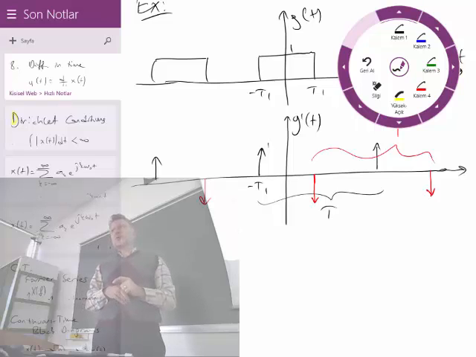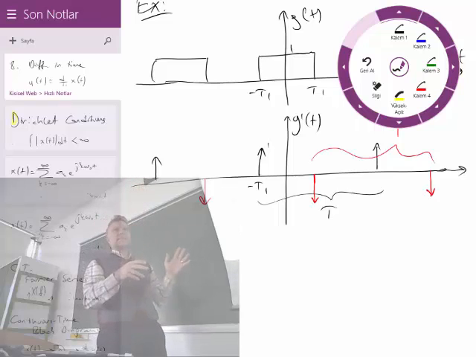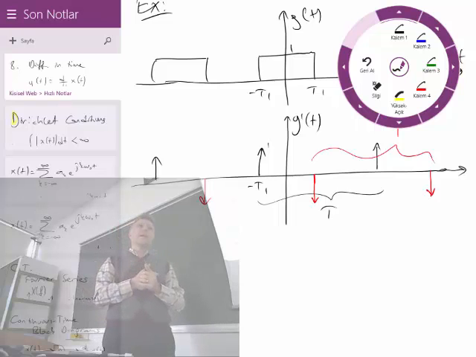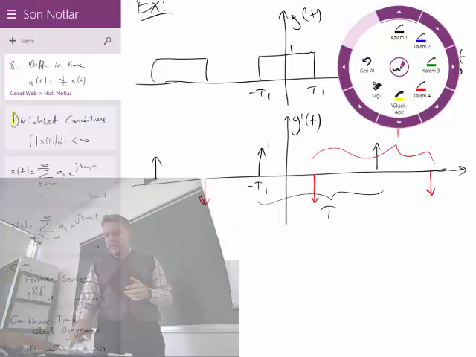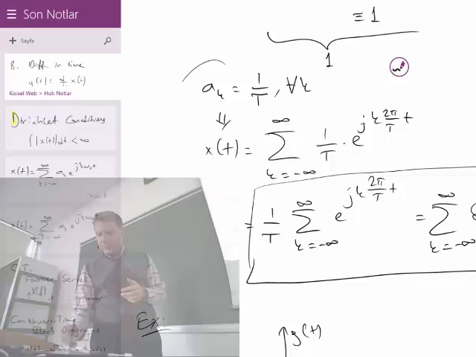So what are you going to do? You will find the Fourier series coefficients of these black impulses and red impulses. And the Fourier series coefficients will be extracted from the Fourier series coefficients of this impulse train, which are all 1 over T here.